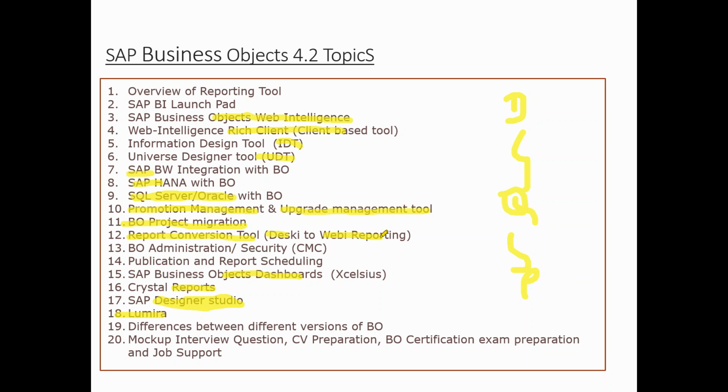When you migrate the project from 3.1 to 4.1, DESKI is not available, so we need to convert into the WebI reporting format. As I said, we are going to discuss the administration, security, publication and report scheduling, how to schedule a report and send it to different locations. All of that we are going to cover in this training.